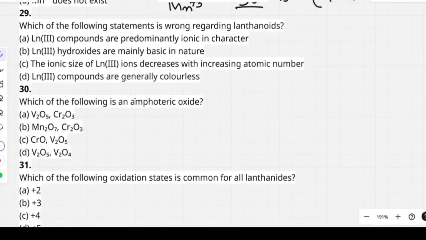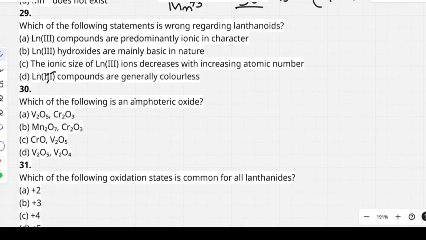The ionic size of lanthanoid 3+ ions decreases with increase in atomic number. The last option, lanthanoid 3+ compounds are generally colorless. We know that lanthanoids and actinides contain some unpaired electrons in f orbitals. They exhibit color.